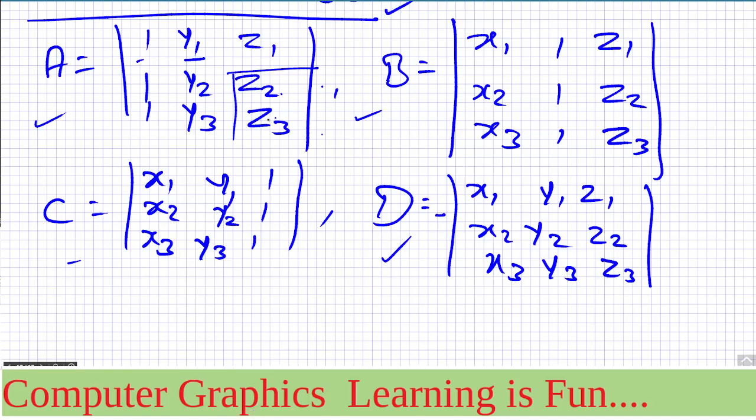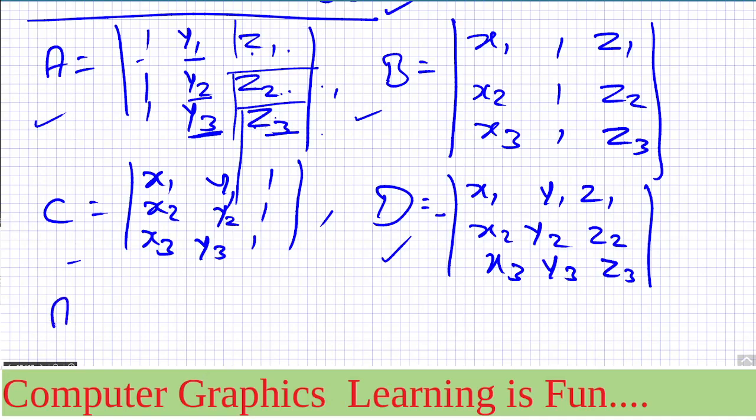Then if you are keeping y2, in that case these two values are there, so it is z3 minus z1. If you are keeping y3, you will have y3 into z1 minus z2, okay.